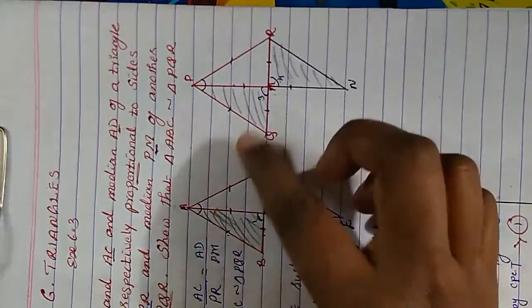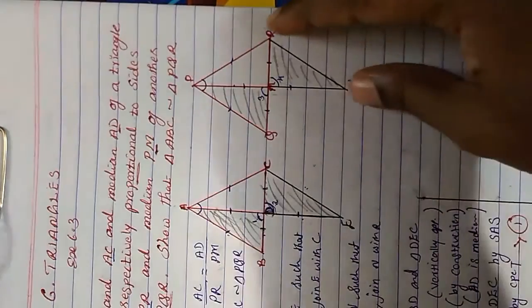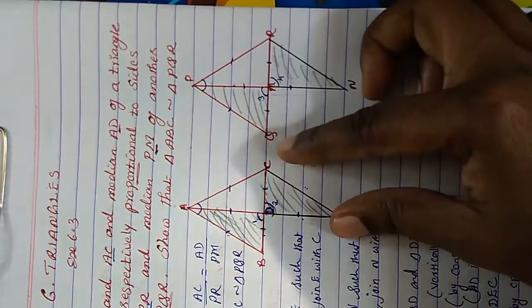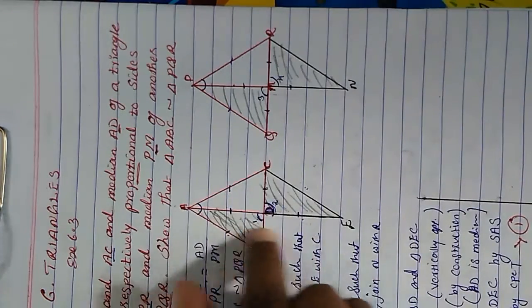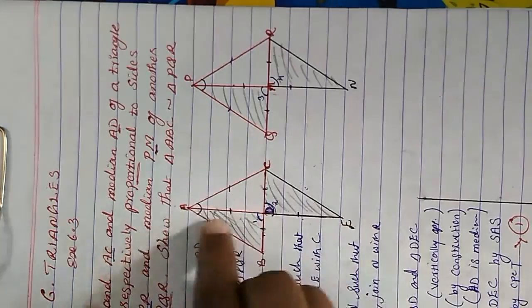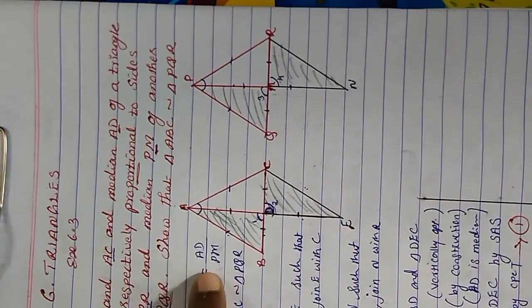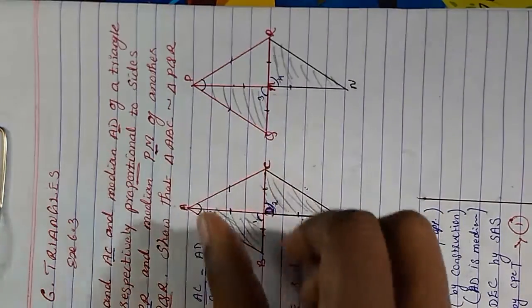Since this is equal to this side, this is equal to this side, can we say this side also is equal? So the sides are also equal. That means both the sides we have got. So now what is left is in the center. In the center, AD upon PM is given to us. AD upon PM, that is the median. So median AD upon PM is equal.